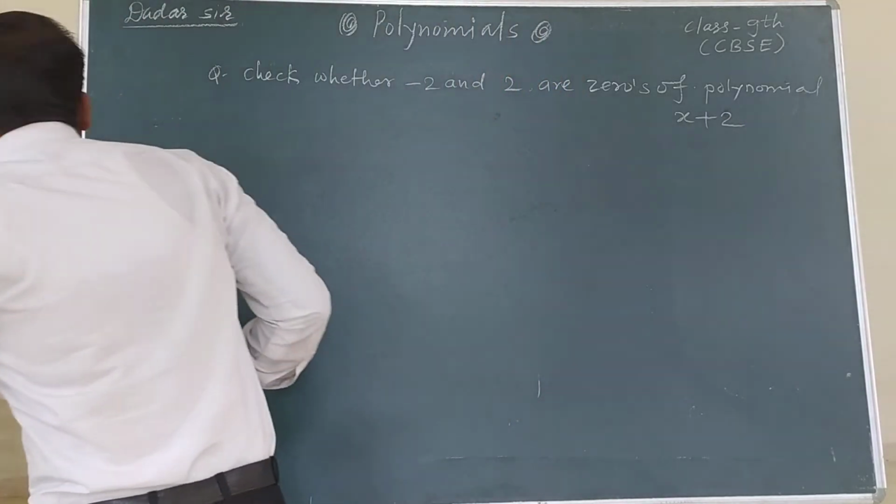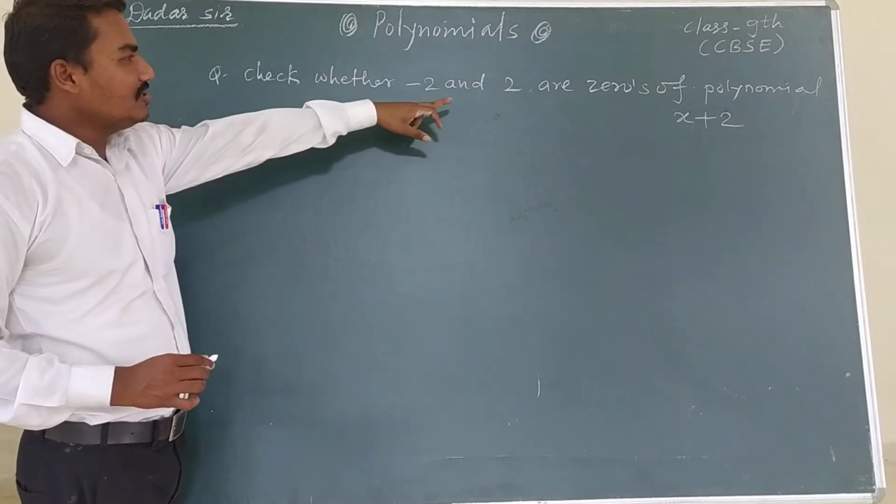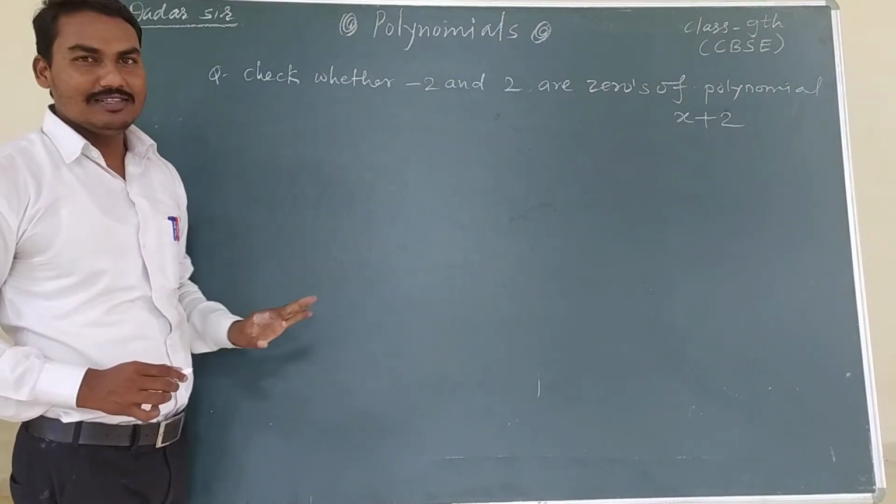Okay, the question is like that. Check whether minus 2 and plus 2 are zeros of the polynomial x plus 2.